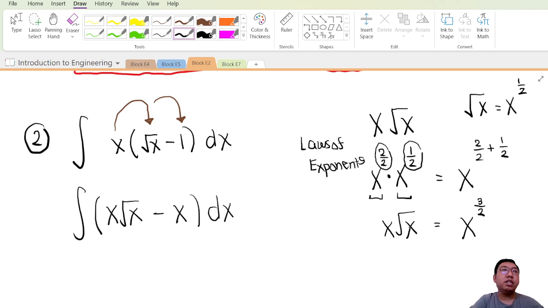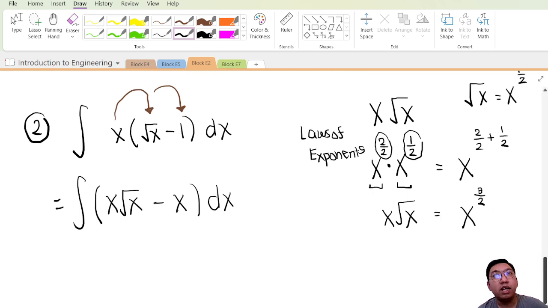So again, in integral calculus, the root symbols are not helpful as far as getting the integral is concerned. So you need to convert everything in terms of actual exponents. Okay? Regardless if the exponent is a fraction or not.